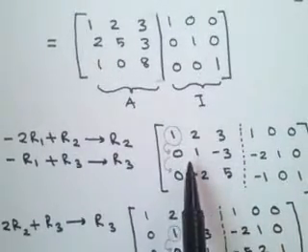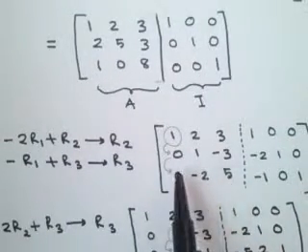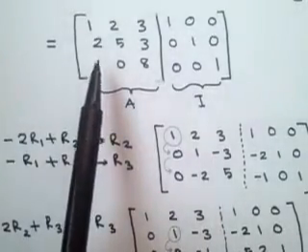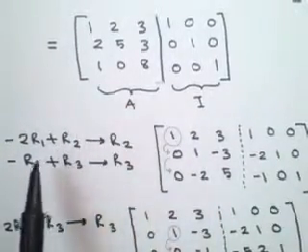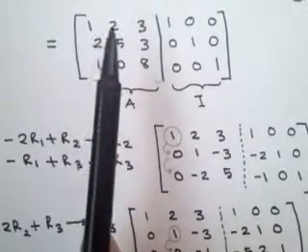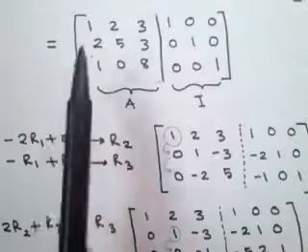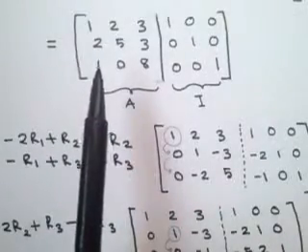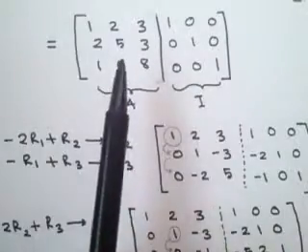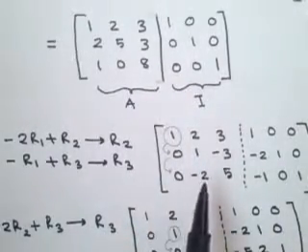After we finish row 2 we go to row 3, because we can see here we have 1, and we have to make this one 0. So minus row 1 plus row 3: -1 plus 1, we get 0 here. Then -2 plus 0, we get -2 here.